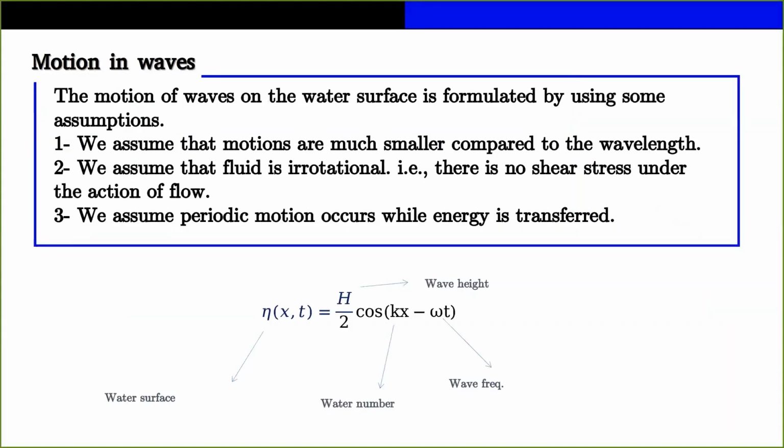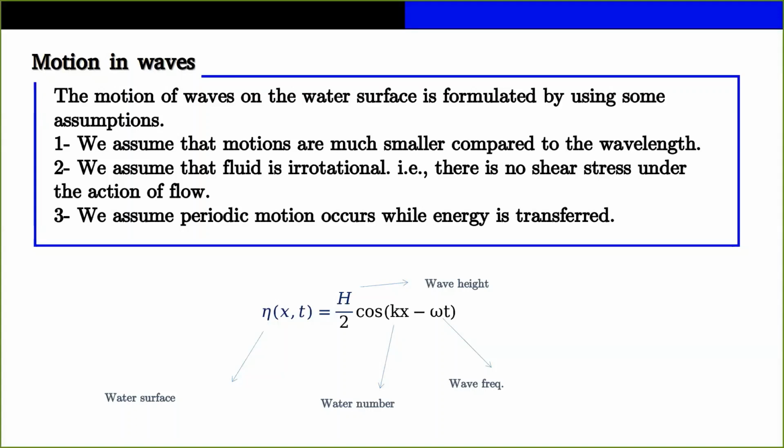I think you have seen it before, but just to give you another idea: whenever we want to have the solution for the motion of any type of wave, we need to solve the partial differential equation for that type of wave. For example, for the case of the cable wave that you have seen in partial differential equations or engineering mathematics, you just need to formulate the problem and have the partial differential equation.